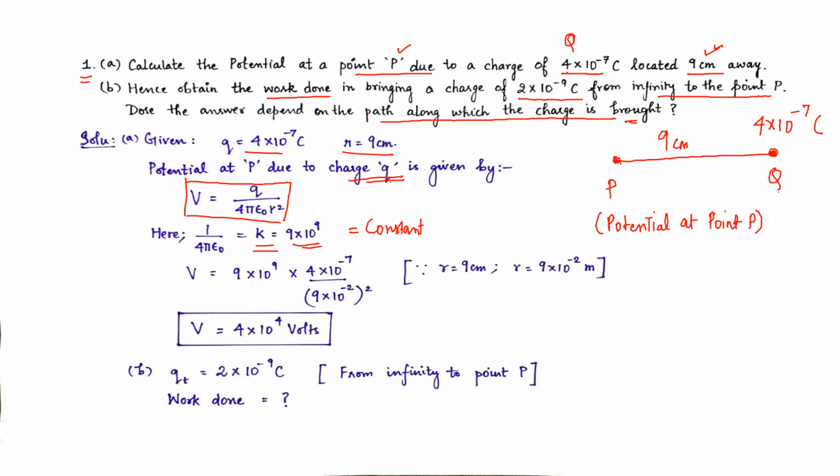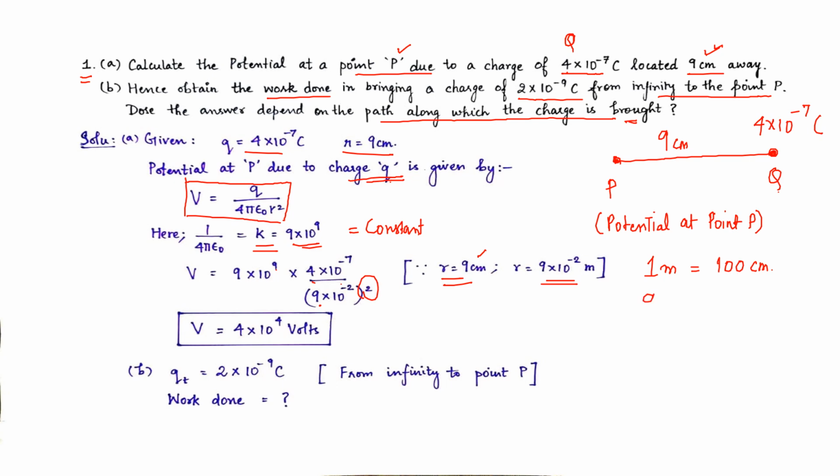So we will substitute the value. 1 by 4 pi epsilon naught is 9 into 10 to the power 9, into the charge's value 4 into 10 to the power minus 7, and the distance is given as 9 into 10 to the power minus 2. Why is 9 into 10 to the power minus 2 here? R is given in centimeters, so now this R is converted into meters. We know that 1 meter equals 100 centimeter.